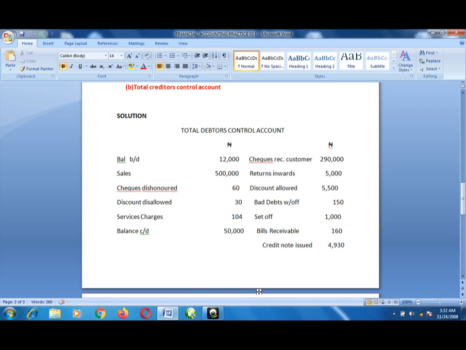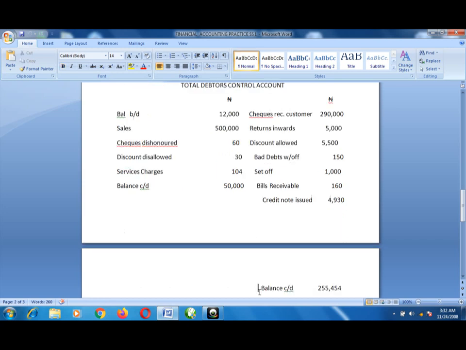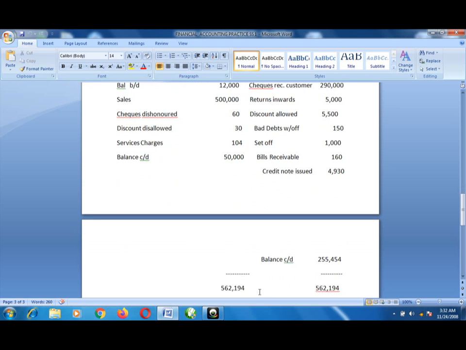Here you have a sales ledger debit 255,454, and you have a credit again 50,000.